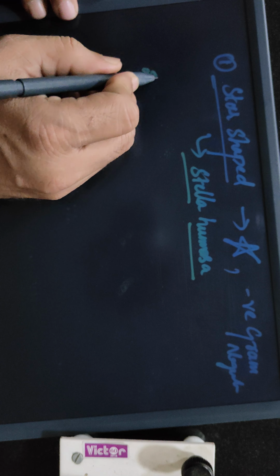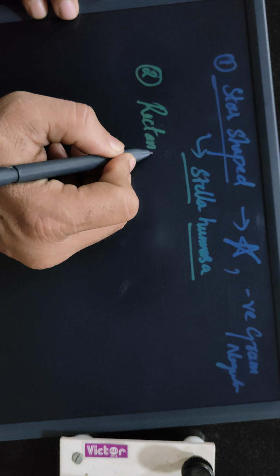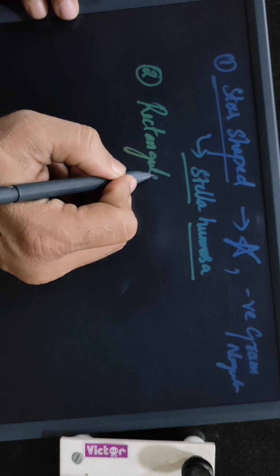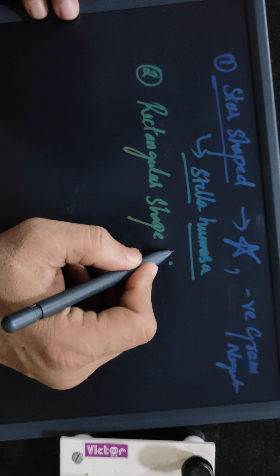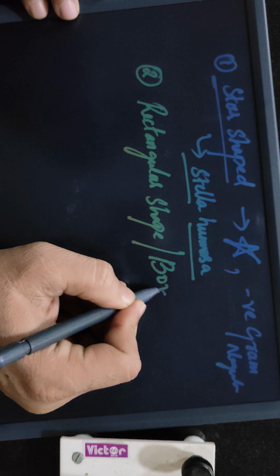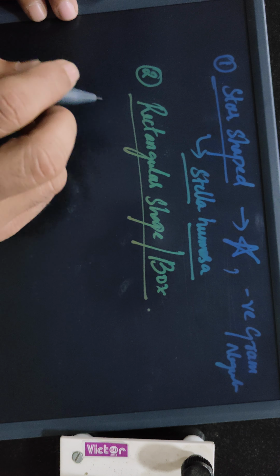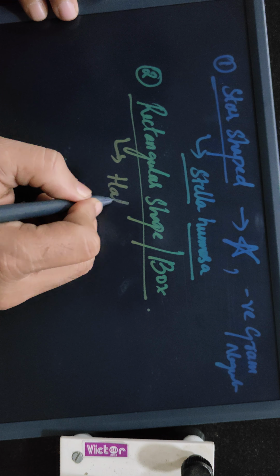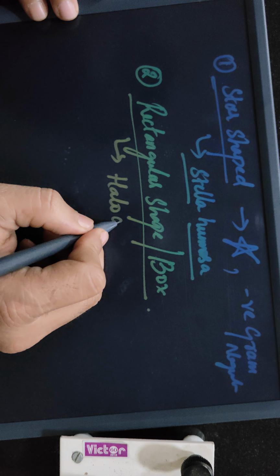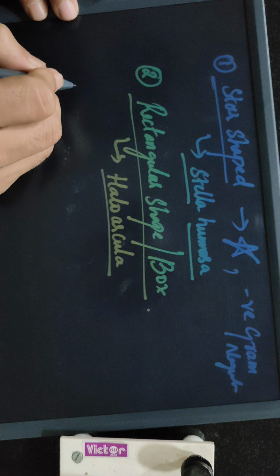Apart from this, you can also find rectangular shape or box shape. Example for this, Haloarcula is one of the examples.